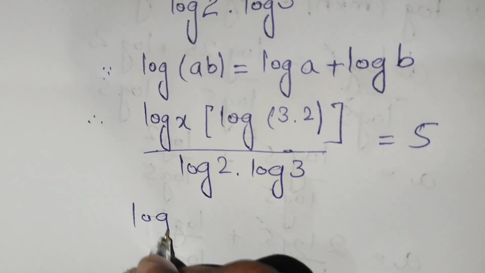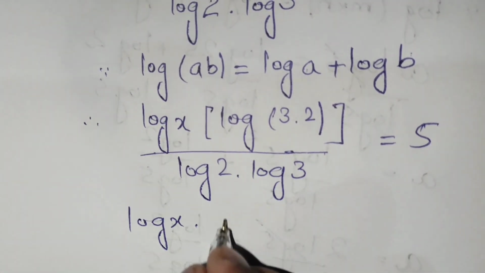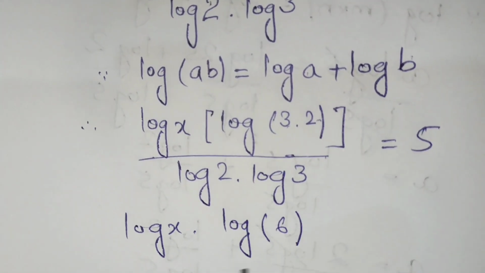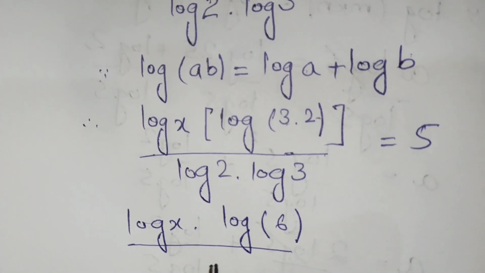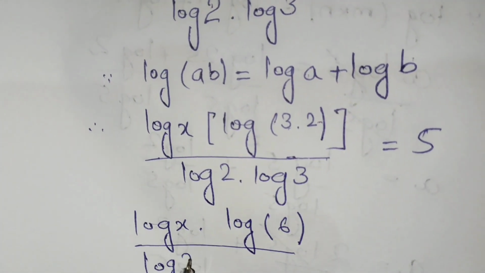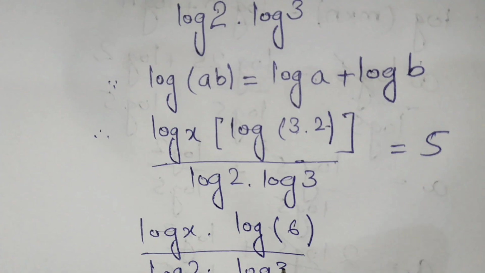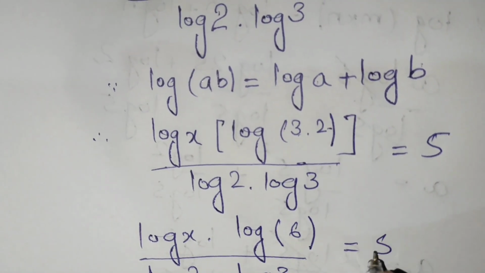Log of x times log of 6 divided by log of 2 and log of 3 equals 5.